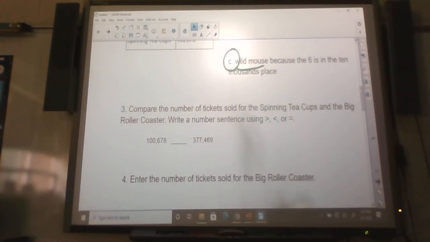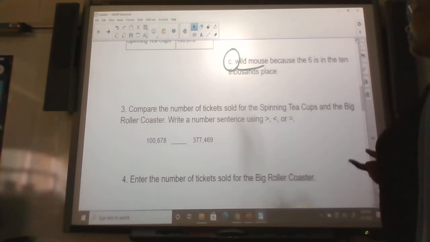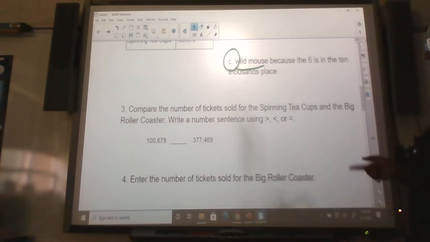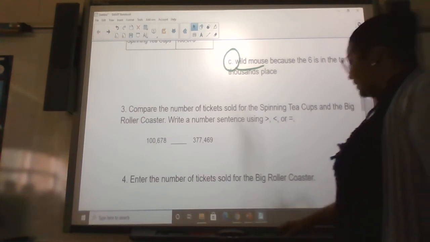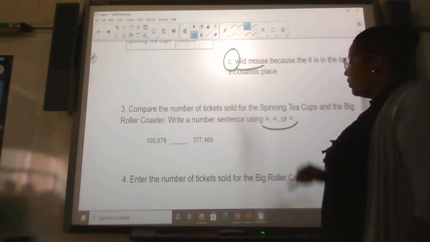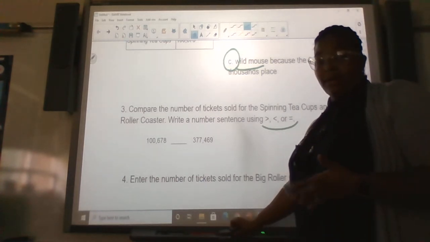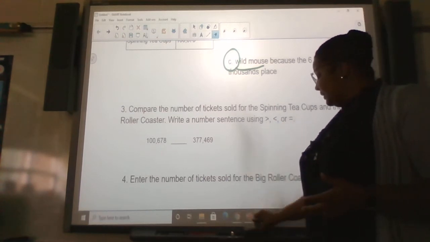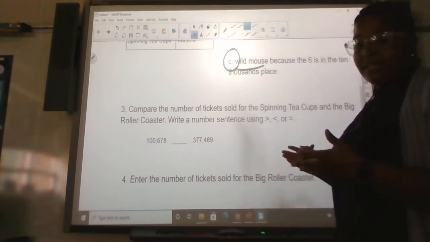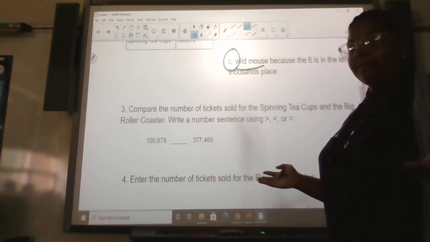But let's look at number 3. It says, compare the number of tickets sold for the spinning teacups and the big roller coaster. Write a number sentence using greater than, less than, or equal to. So I'm going to look at my numbers, boys and girls, and I'm going to see that both of these big numbers have the same amount of digits.